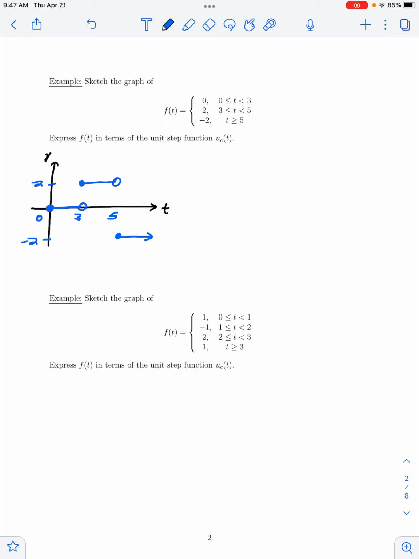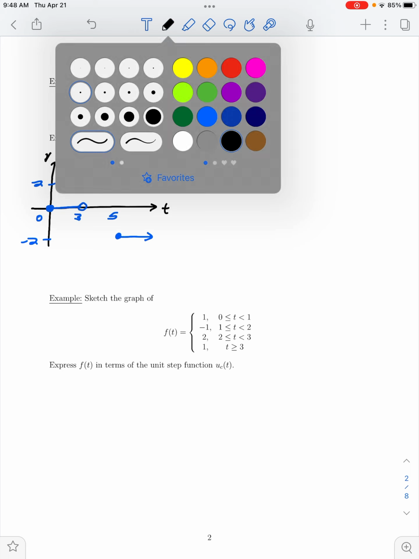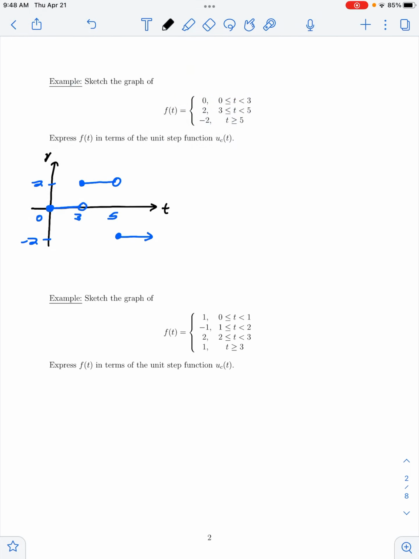So we have our graph, and now let's look at how to express this function in terms of a unit step function. So this function f of t starts with a value of 0. And then at time 3, a jump occurs.